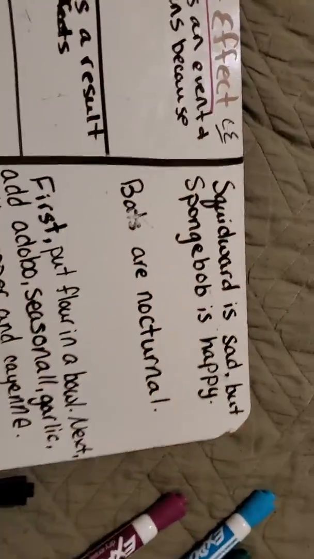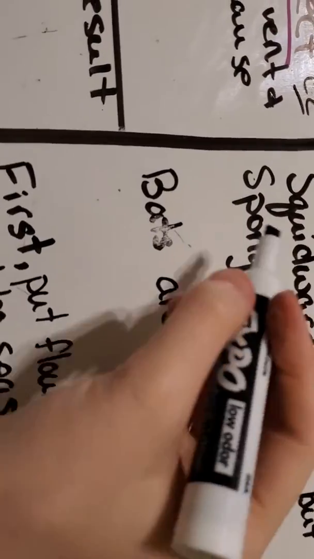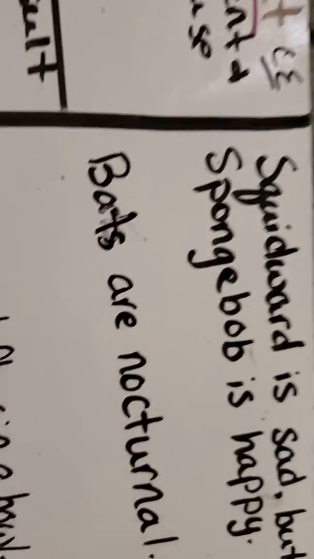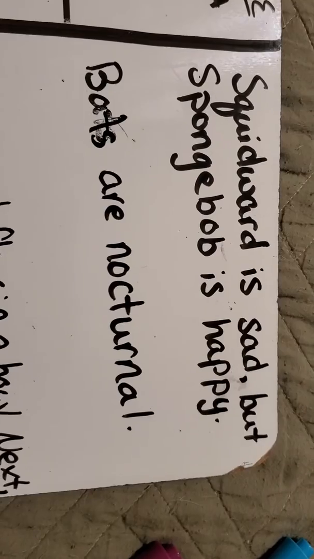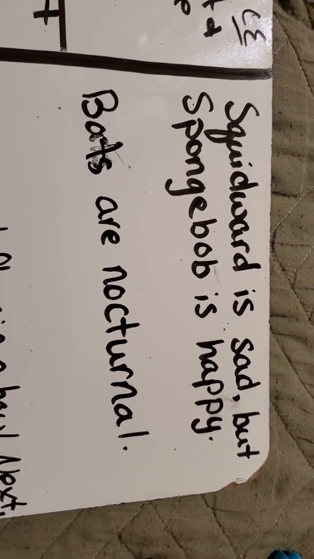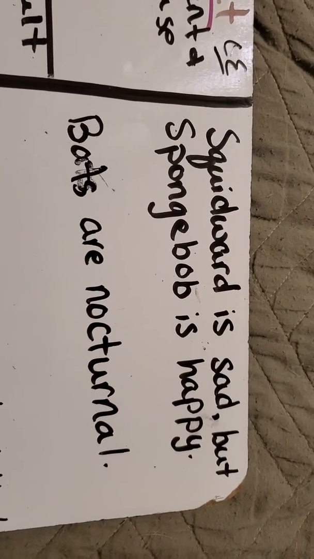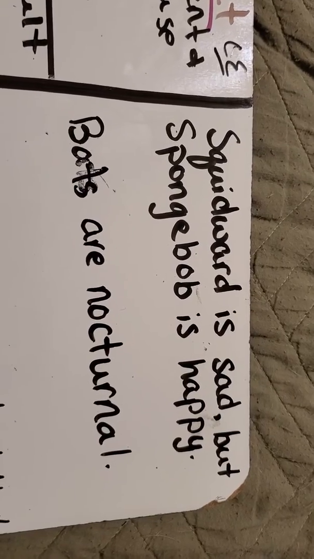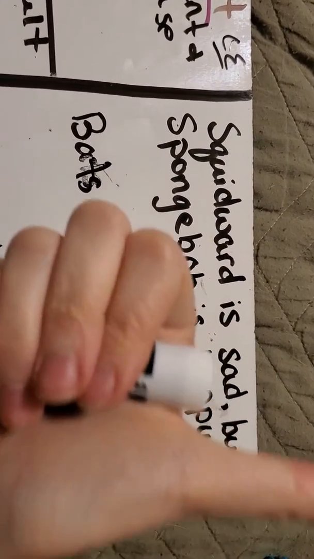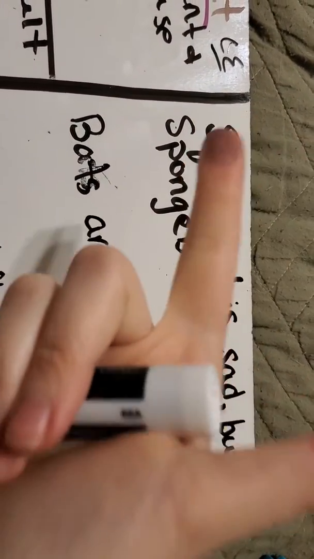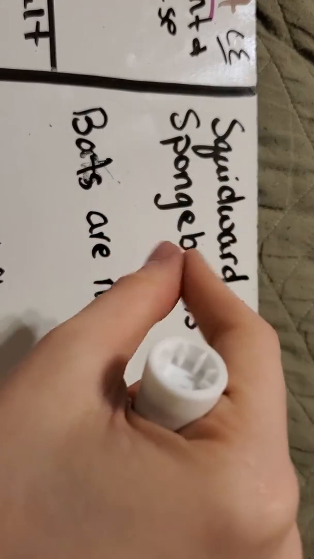So now we're going to go through each one of these. So the first one, and we're going to determine what type of text structure it would be. Squidward is sad, but SpongeBob is happy. So is it describing one thing? Is it comparing two things? So are we talking about two different things?